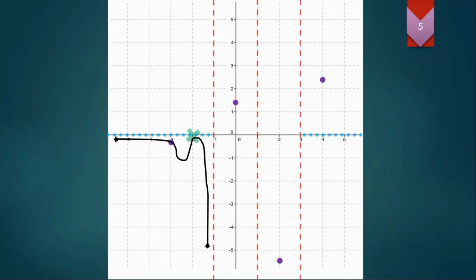Next, I move on to the next section. I need to go through that known point. I cannot cross the x-axis because we didn't find any x-intercepts there, and I cannot cross those vertical asymptotes. So I'm kind of caged in. So this is what I get. Same logic on the next part.